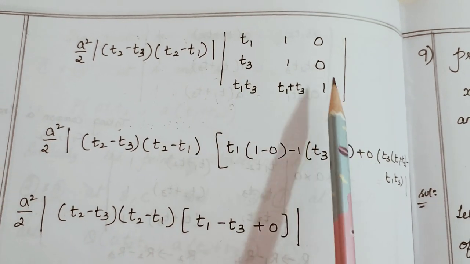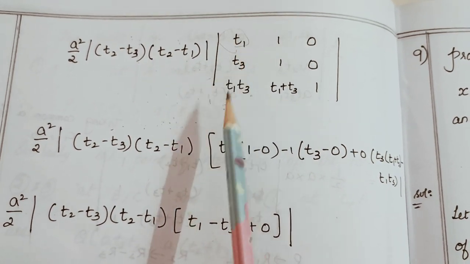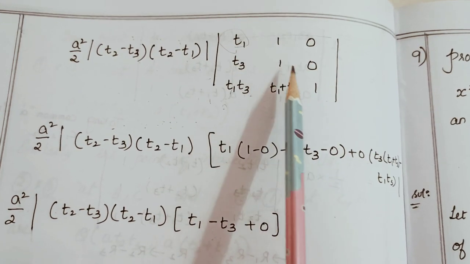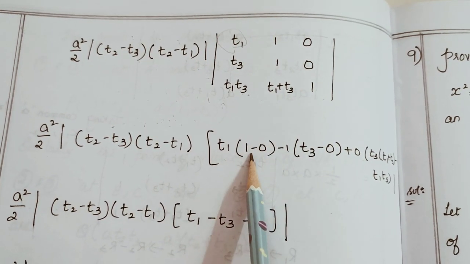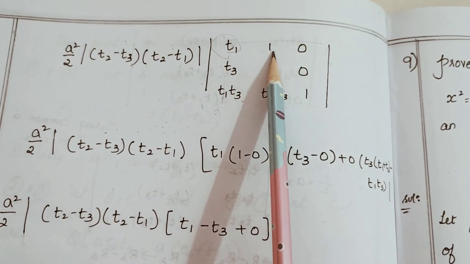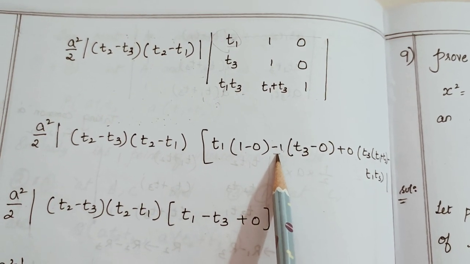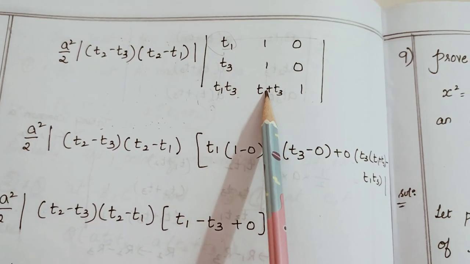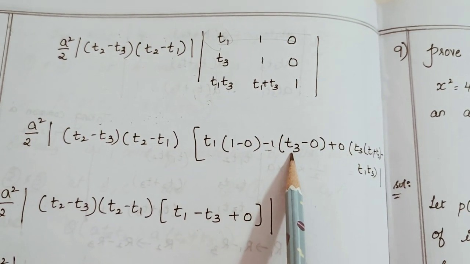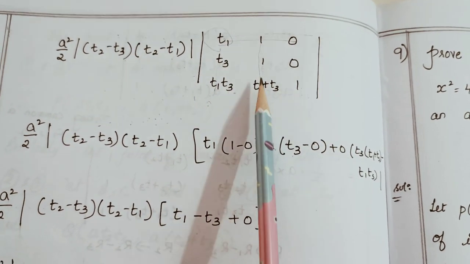Okay, now we will find the determinant. T1, leave this row and column. 1 into 1 minus this into 0 is 0. Now second, 1 minus 1. Okay, we have to write minus for the middle term, minus. So leave this column and this row. T3 into 1 is T3 minus, means this column is eliminated.